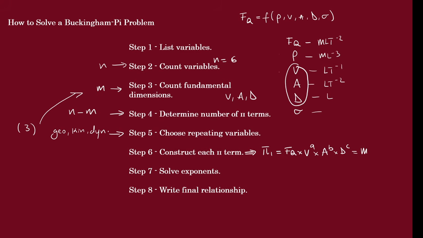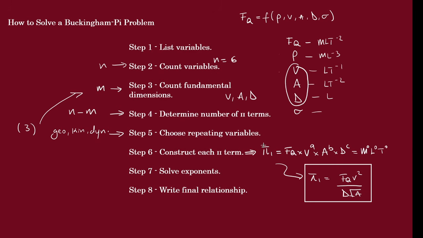This is going to equal m to the power 0, l to the power 0, t to the power 0. And we solve the dimensions of this to arrive at values for a, b, and c that will give us an expression for pi 1. So let's say, for instance, we might end up with pi 1 being f of q v squared over d root a, something like that. If you perform dimensional analysis on pi 1, you would see that it is going to be dimensionless. Every dimension here is going to cancel out.